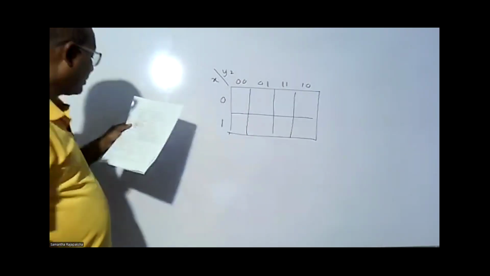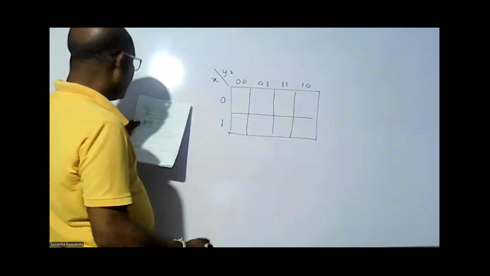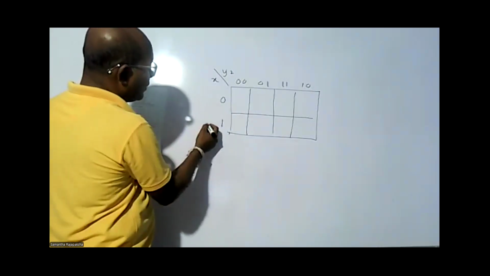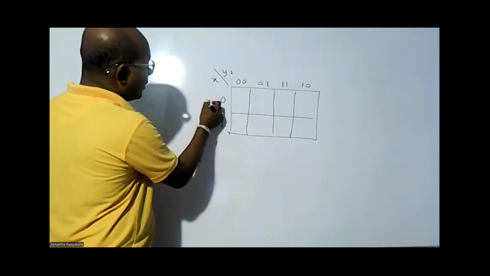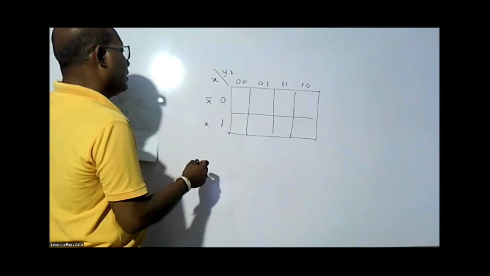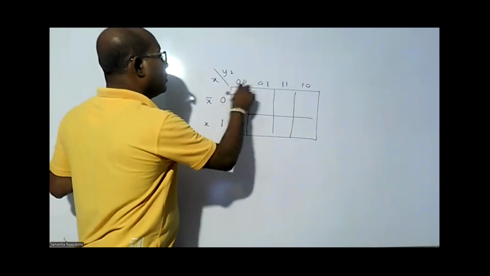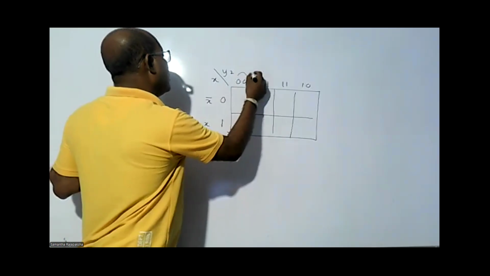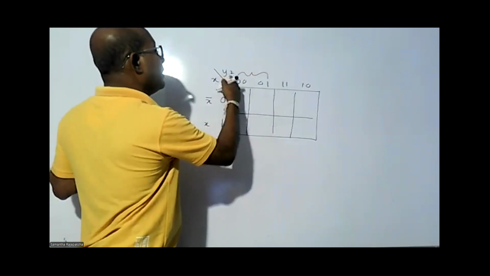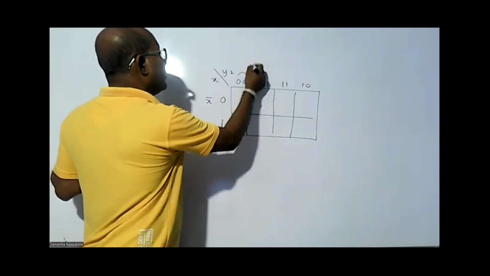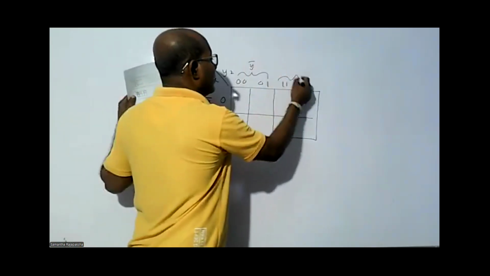In that case, remember, this is actually x, and this is x bar. And the first one is 0. First one is 0 means these two columns are y bar. 0 means y bar, and these two columns are y.